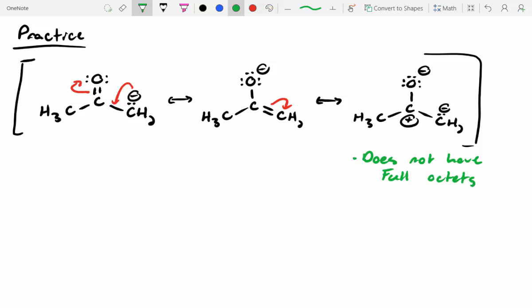What's another rule it's breaking that we really don't like? Yeah, positive and negative carbon. We don't really like drawing those next to one another. It looks funny. That means that this one is going to be a very minor contributor.